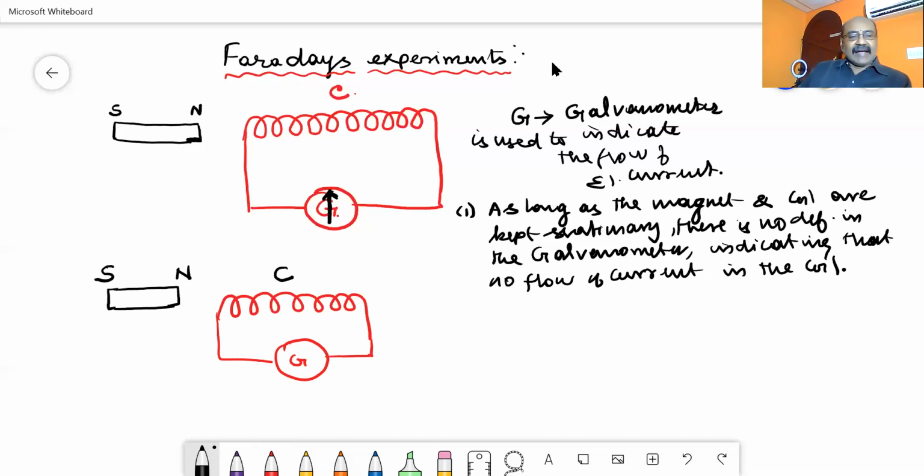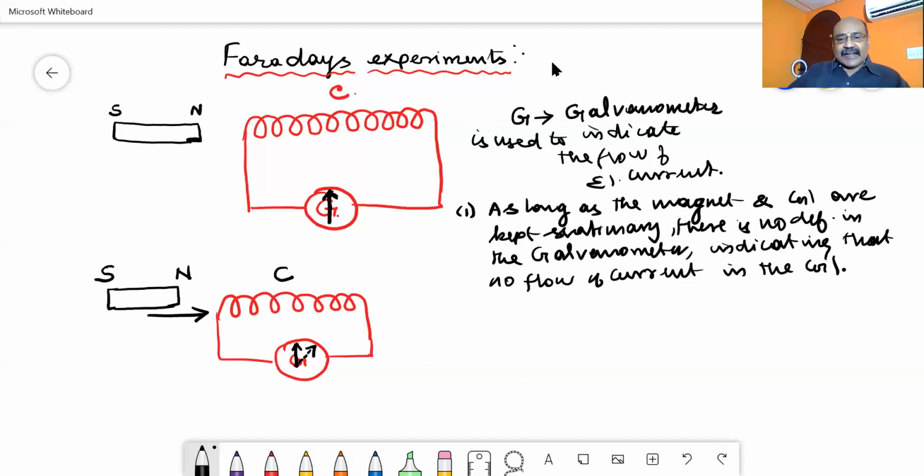This magnet is now moved towards the coil. When the magnet is moved towards the coil, you can see a momentary deflection in the galvanometer. The needle produces a deflection and again it comes to zero.